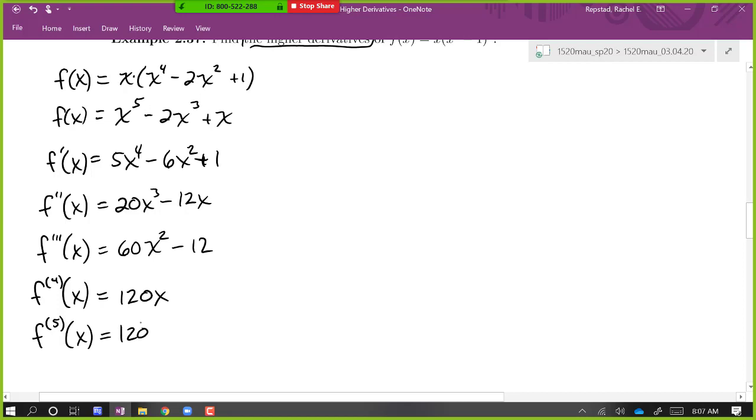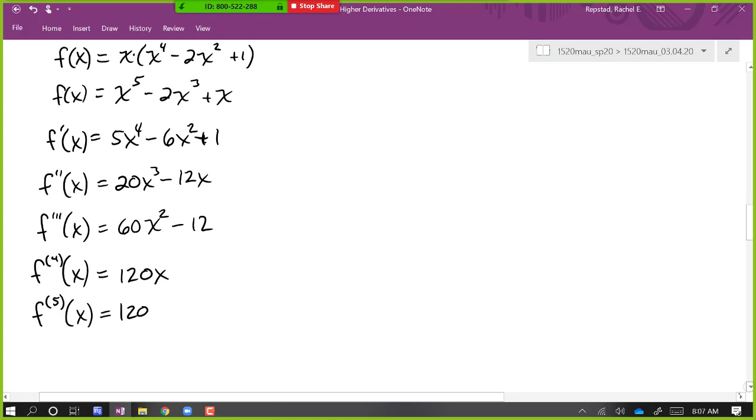And now all the rest of them are 0. So the way that we would write that is that the nth derivative, so I'm putting the little n in parentheses as a superscript, the nth derivative of x is 0 for n greater than or equal to 6. So those are all the derivatives.